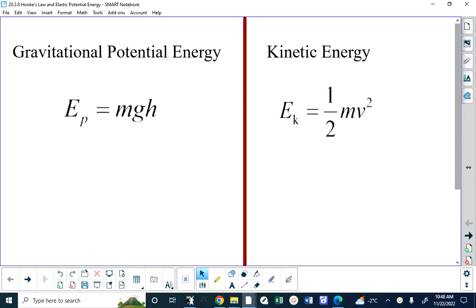Kinetic energy, however, refers to energy of motion. So, I can talk about the fact that a stick of dynamite has chemical potential energy, or I can talk about the fact that an object held above the floor has gravitational potential energy. But if I throw both of those objects through the air, they have kinetic energy.